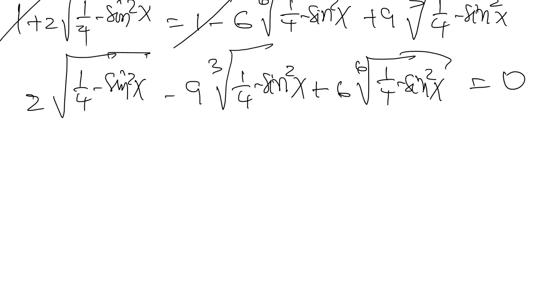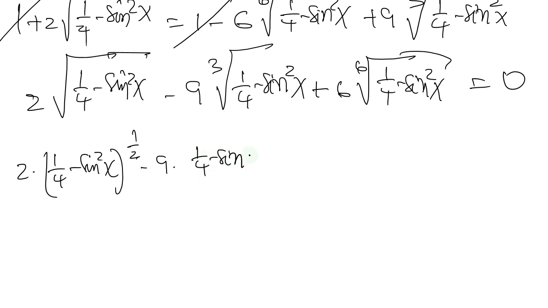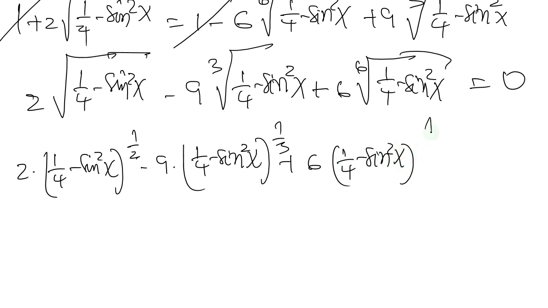Let me see what I can do here. Actually, what I'm going to do is simplify this. I'm going to write this as 1 over 1 times 1 over 4 minus sine square of x, which I can write as 1 over 2, and then minus 9 times 1 over 4 minus sine square x to the power of 1 over 3, plus 6 times 1 over 4 minus sine square of x to the power of 1 over 6, and this is equal to 0.